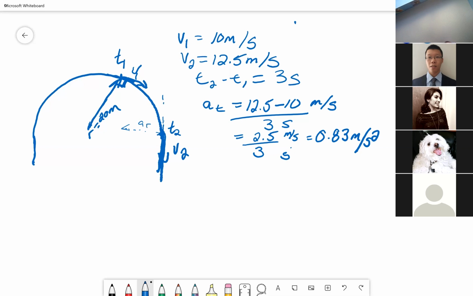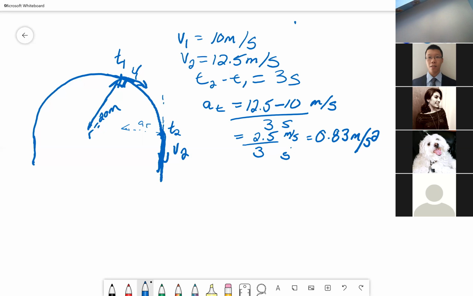And that is the acceleration required to change direction. Because think about it, acceleration is a change in velocity over a change in time, and velocity is a vector and has both a magnitude and a direction. So as you're going around a curve, the direction is changing.